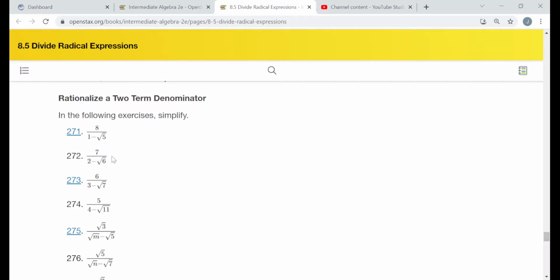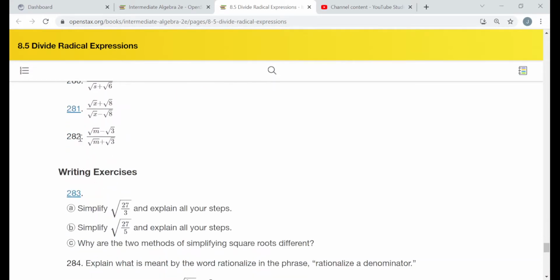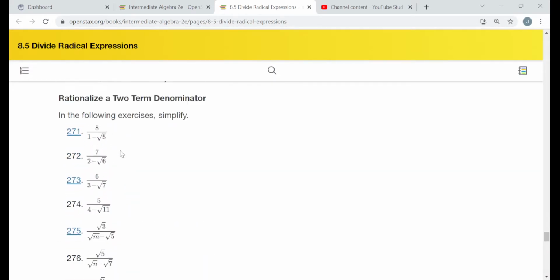I'm only going to be working on the even numbered exercises, starting with 272 and going up to 282. You'll notice that the odd numbered exercises have links that you can click on and see the solutions in the book, so I'm working on the problems that don't have solutions in the book.